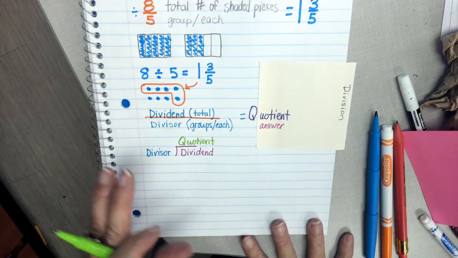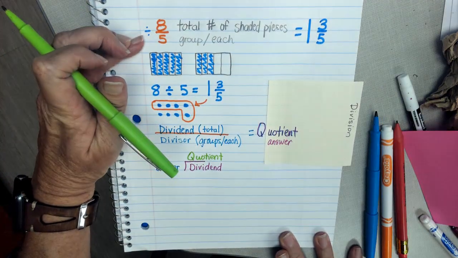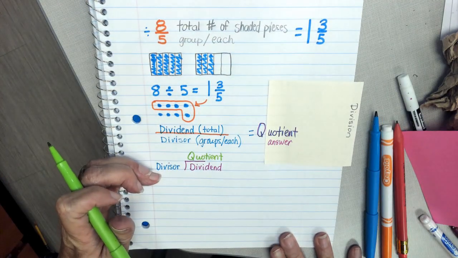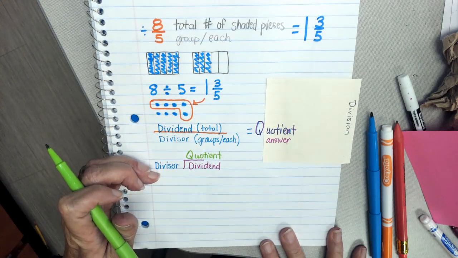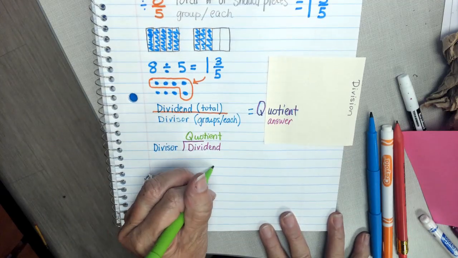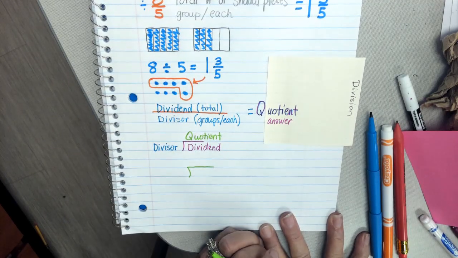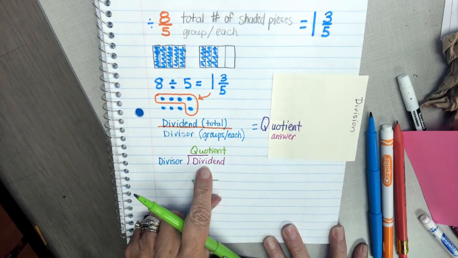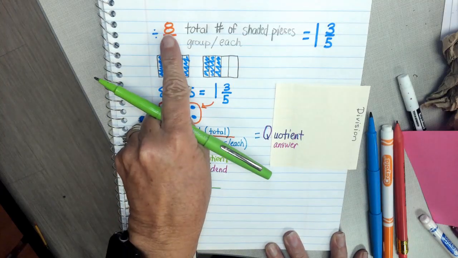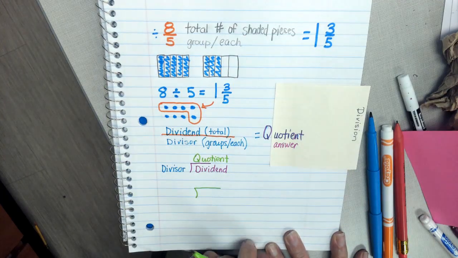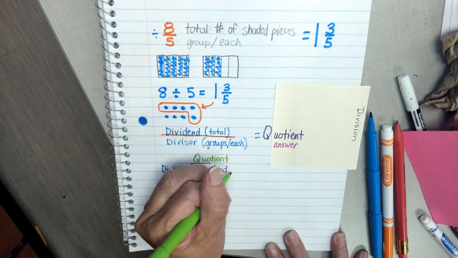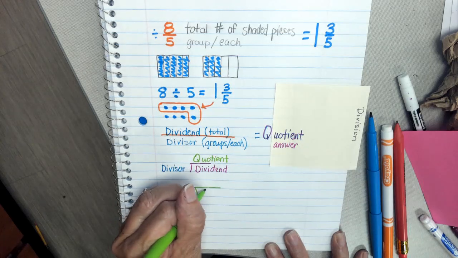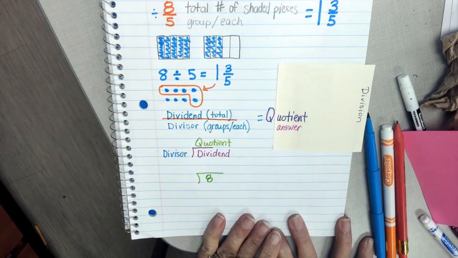So what would this improper fraction look like if we were trying to divide it out? Here's what it looks like. We're going to build us a house. We put our dividend, our top number, our total amount, because remember your dividend is your total. We're going to put 8 inside the house. Okay, so that's our answer?